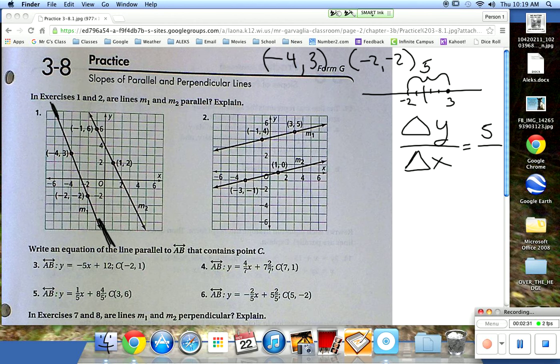What's the distance between my x's? 2. But they're in the negative, aren't they? So this would be a -2. So -5/2 right here, this is this slope here. -5/2.